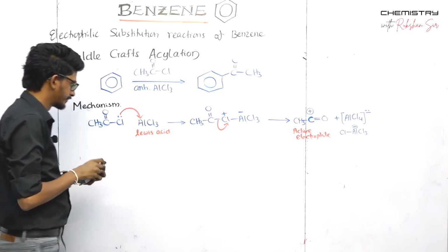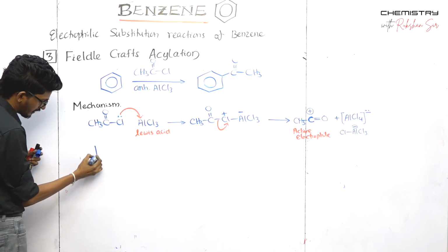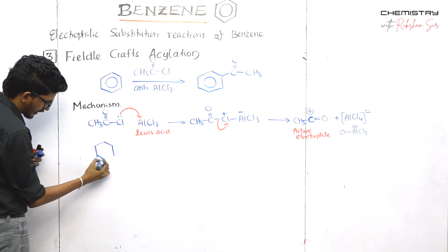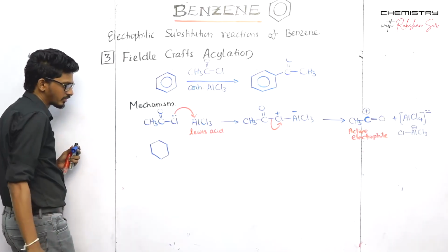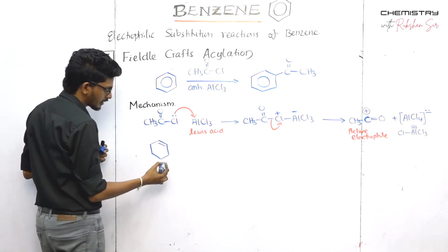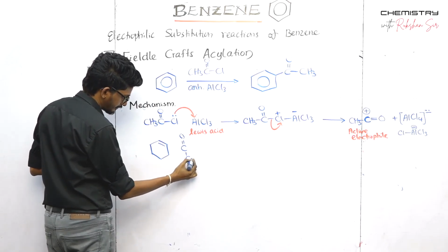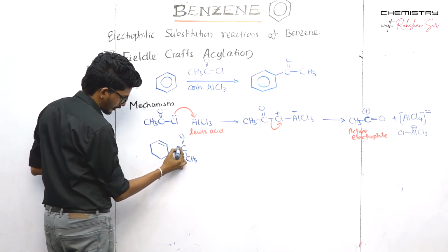Then what will happen? Next step. Attack from the benzene towards this active electrophile. Or the active electrophile attacks the benzene. Both are the same, right? So you have the benzene here. This is your electrophile. I'll write it here like this, this positive thing.